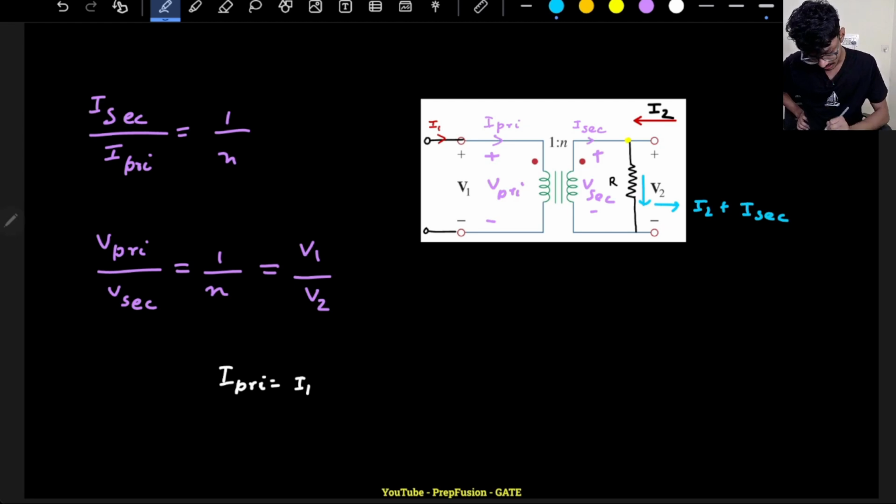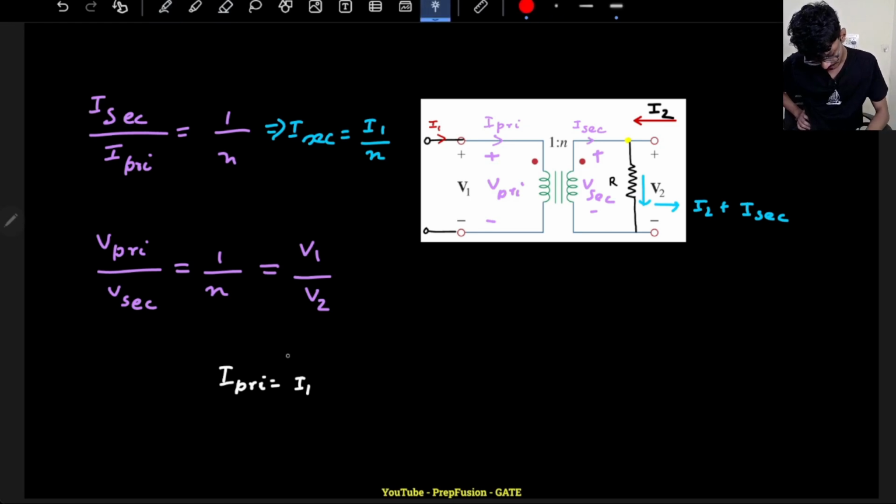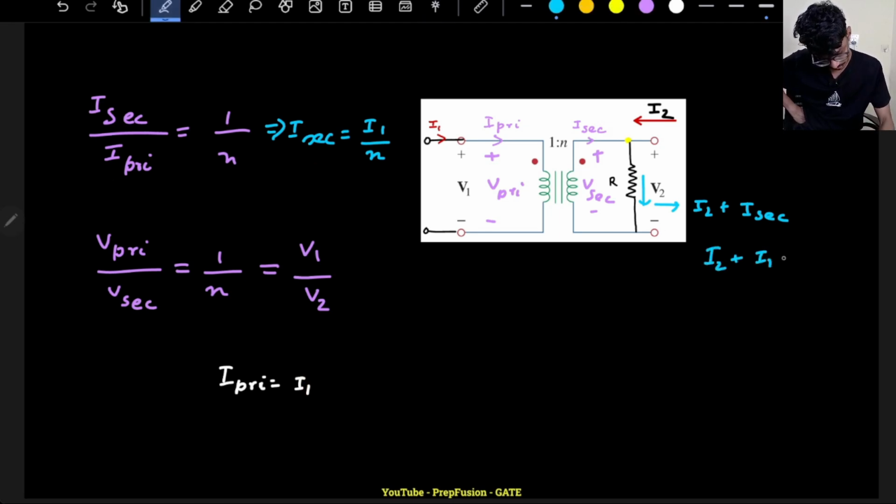Since I primary is equal to I1, I secondary will be equal to I1 by N. So I can replace I secondary here with I1 by N. So this current will be I2 plus I1 divided by N.